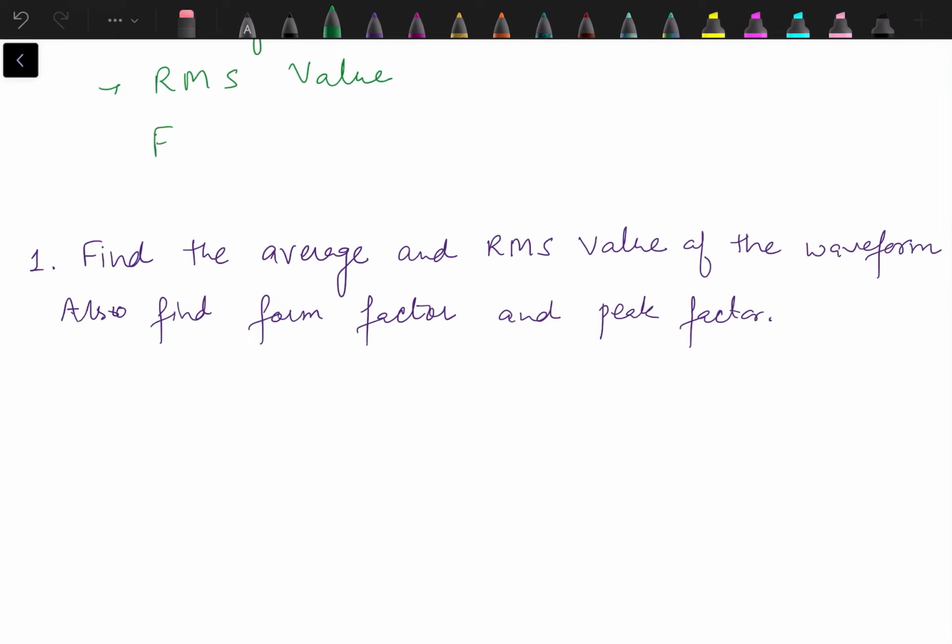first. The form factor is actually the ratio of RMS value to average value.